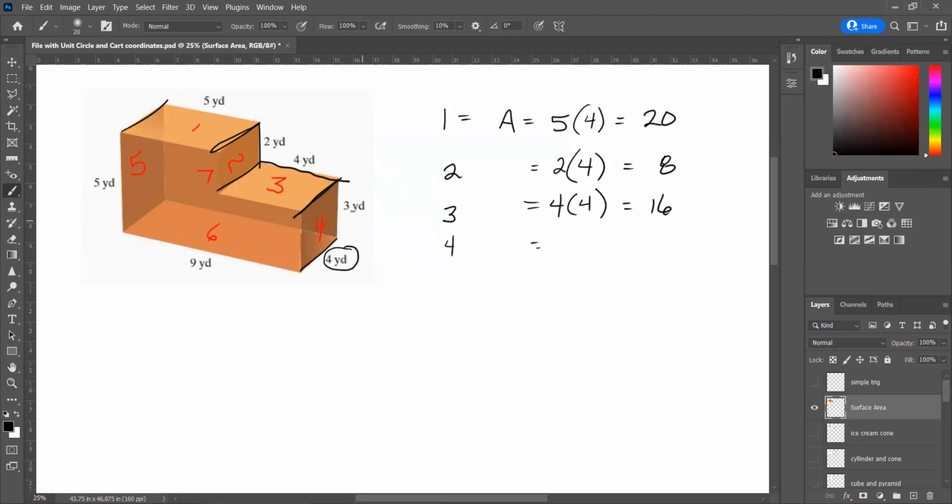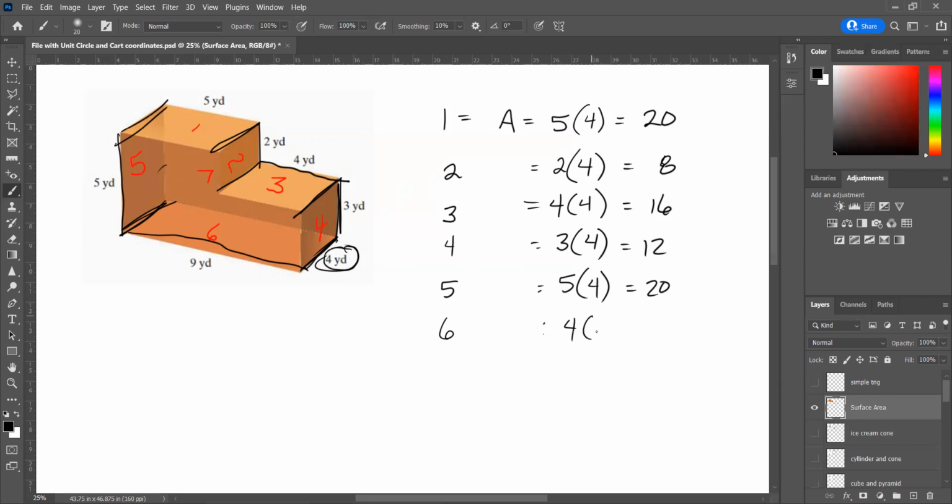Side 4 is a height of 3 and a length of 4. Shape 5, which is this darker side on the left, would be 5 tall and 4 wide. Let's see, 6 we said was the base. So that side, which is 4 yards, times 9, which is 36.